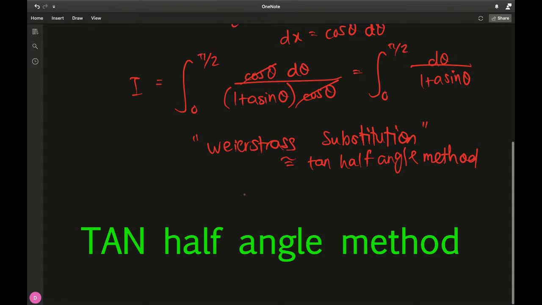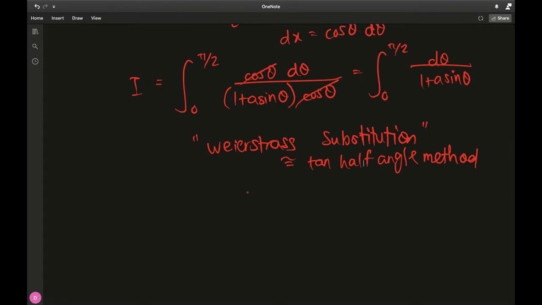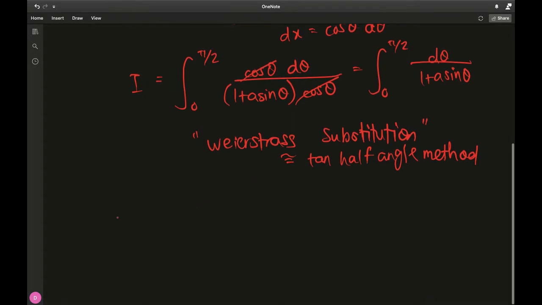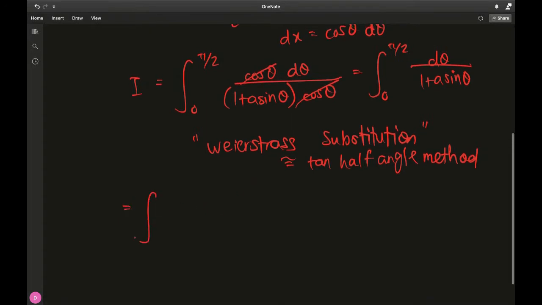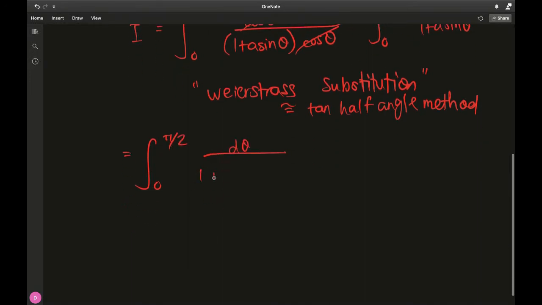So with that being said, we can actually perform a substitution. Before the substitution, let's convert everything into half angle formulas for tangents. So this sine will become 2 tan(theta/2) divided by 1 plus tan squared (theta/2).